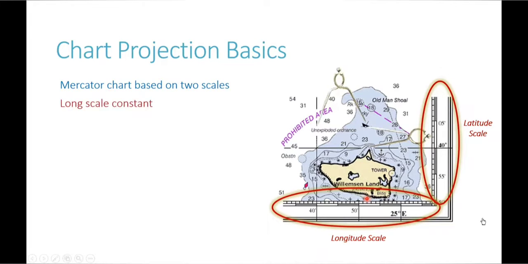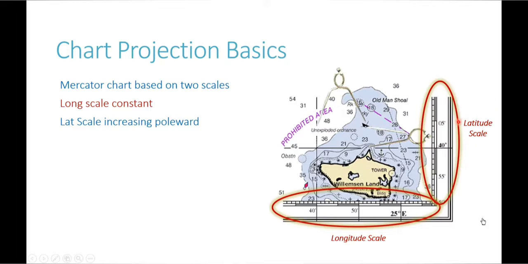To go a little bit deeper into the concept of latitude and longitude scale, the longitude scale which you see, 1 minute of longitude or 1 degree of longitude, is constant over the entire chart. So you go to any part of the chart, the length of 1 minute of longitude or 1 degree of longitude will remain same. It is not going to change.